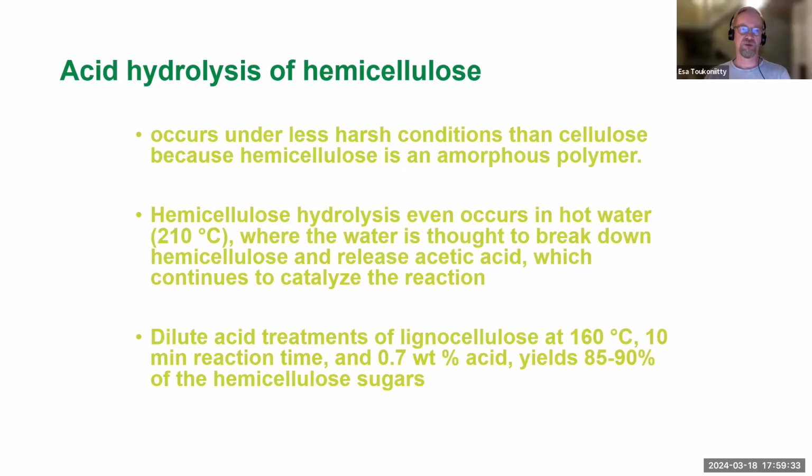It makes sense that you apply first milder conditions and remove some component. You are left with lignin and cellulose, which you can then process further. So here it's mentioned that it can also be done only with hot water, hot meaning 200 degrees or something.